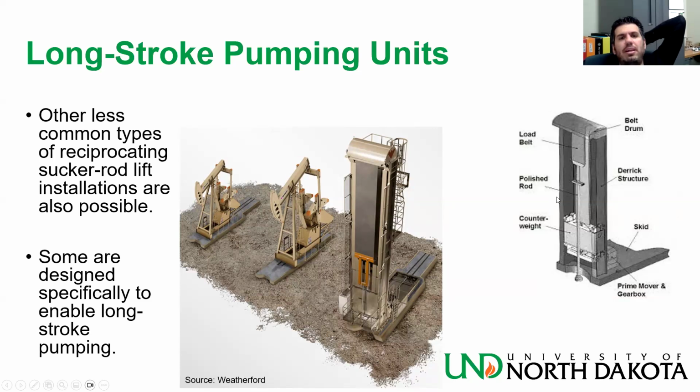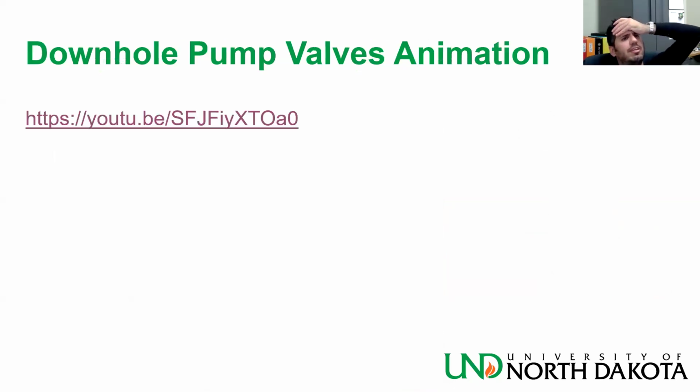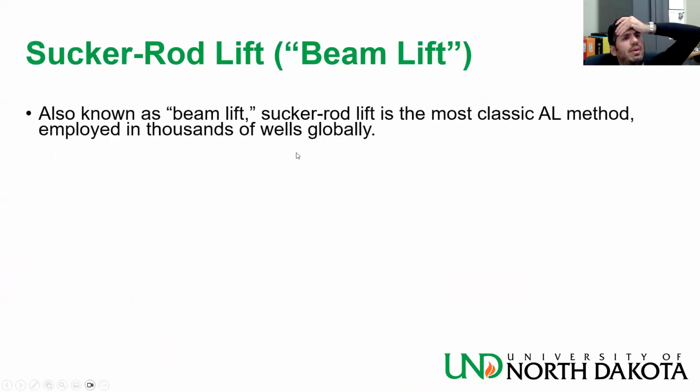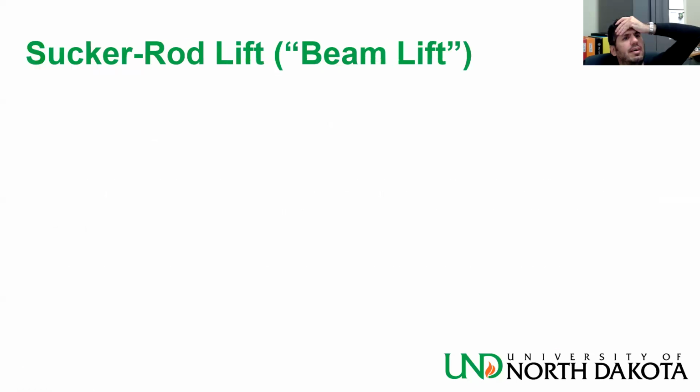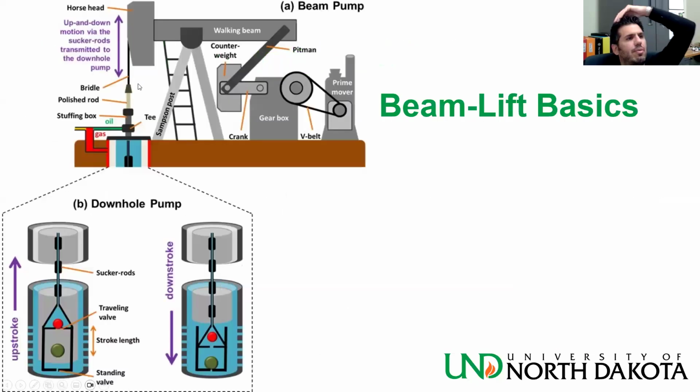It's like a conveyor belt, and it's basically moving the, not the sucker rod, what's the name? I forgot. Just like we have here, this one is the bridle, the part of the sucker rod string that you see on the surface, and then you enter into a stuffing box, and then polished rod.